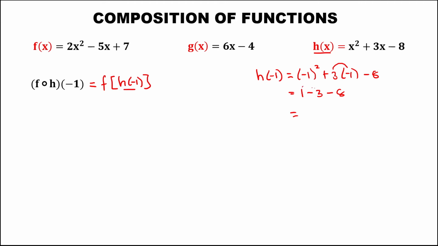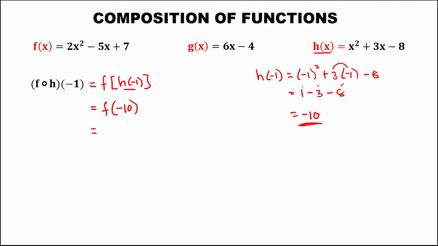So we have 1 minus 3, that's negative 2, and negative 2 minus 8, so we have negative 10. Therefore, h of negative 1 is equal to negative 10. So this function becomes f of negative 10.